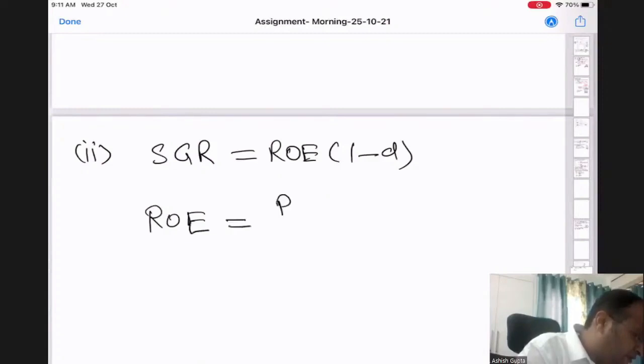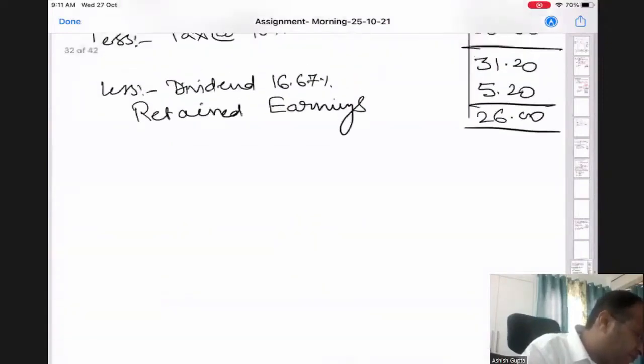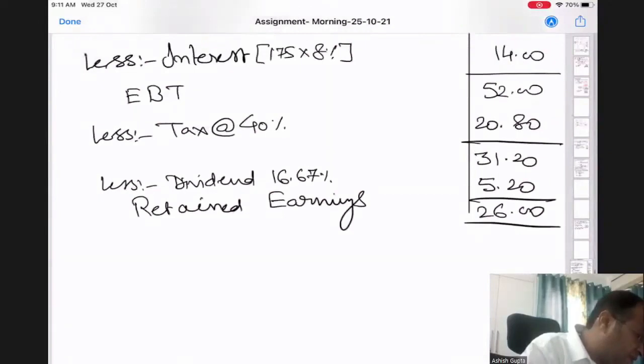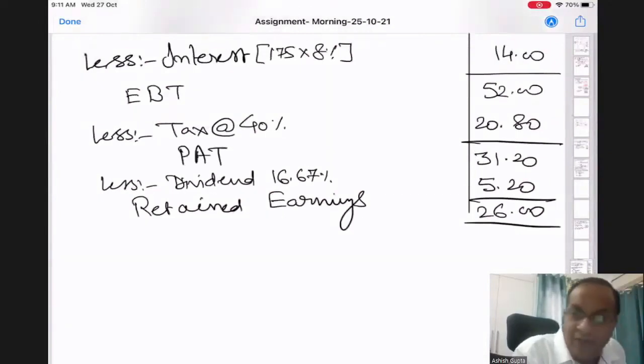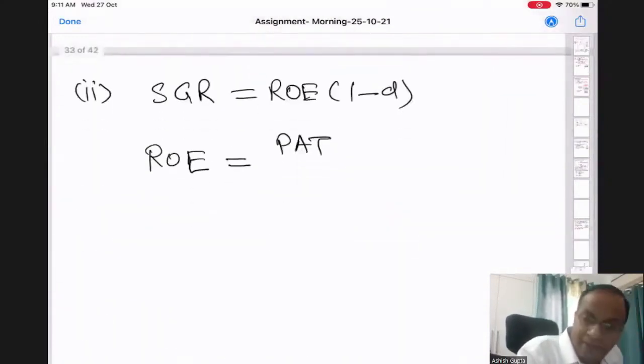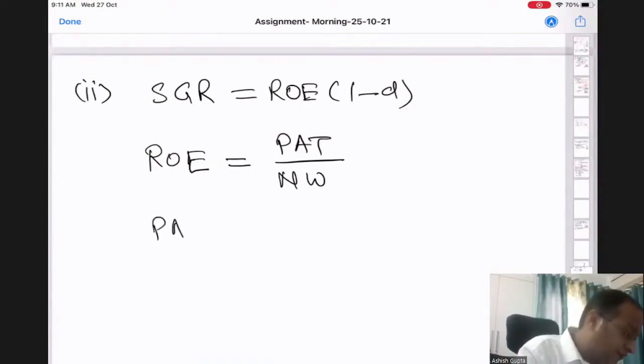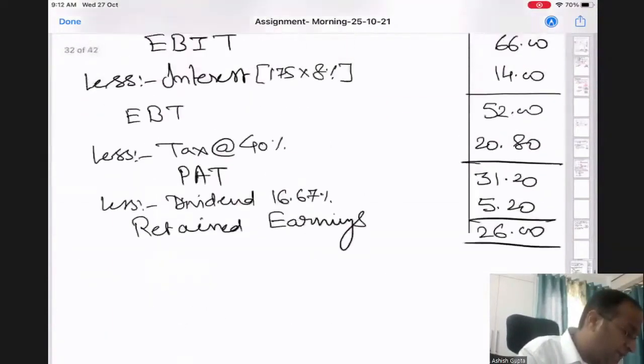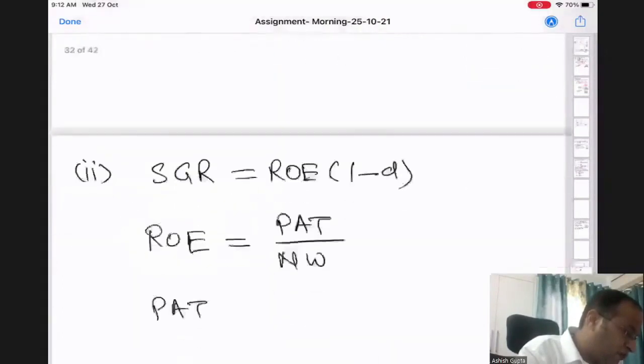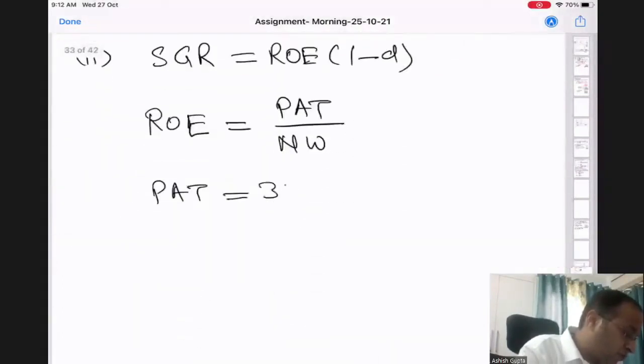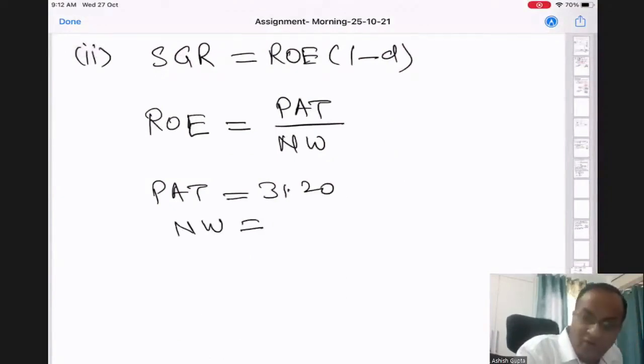With the given data, we compute profit after tax, because this is PAT. I forgot it. PAT divided by equity net worth. Here our PAT is 31.20. Net worth is equal to 400.